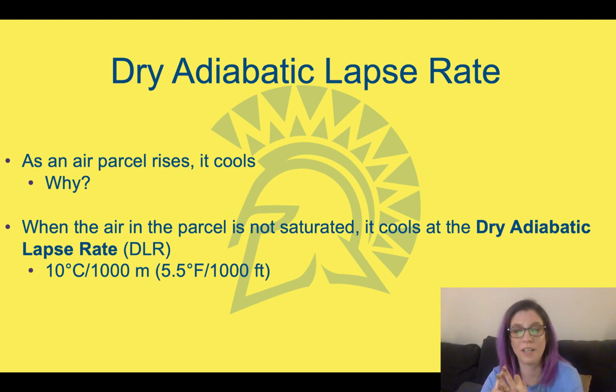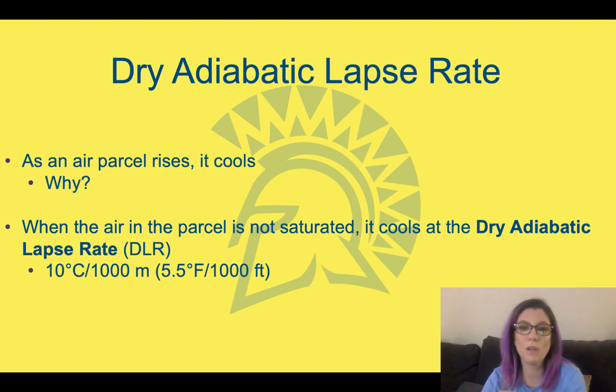All of these things decrease with increasing height. So as an air parcel rises, it cools because there's less pressure, because it's in the troposphere where it's cooler with height, and also because it's less dense up there.